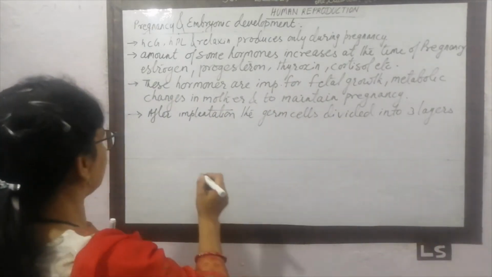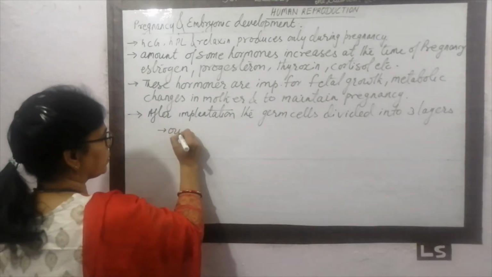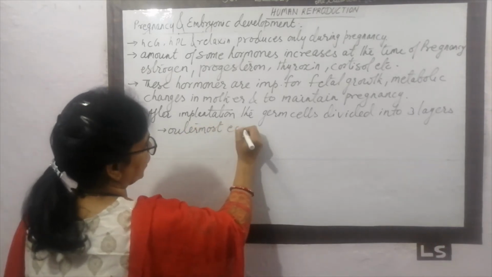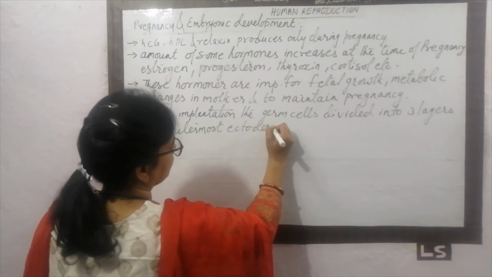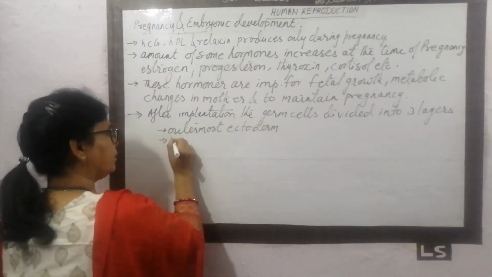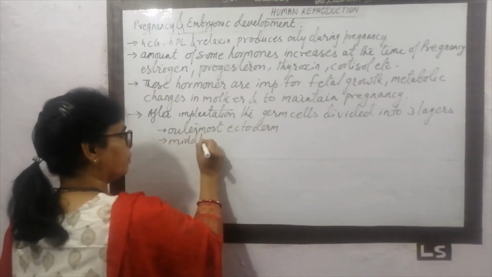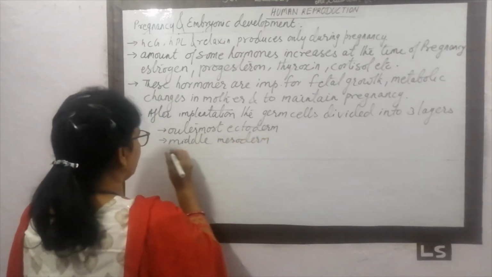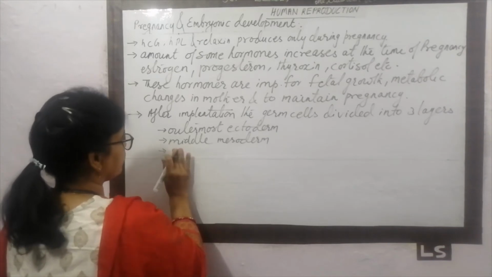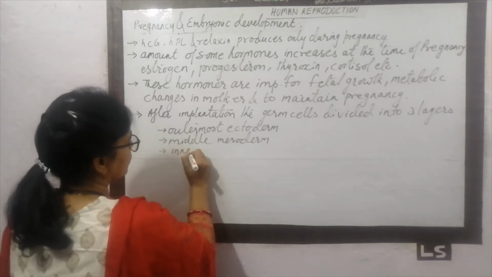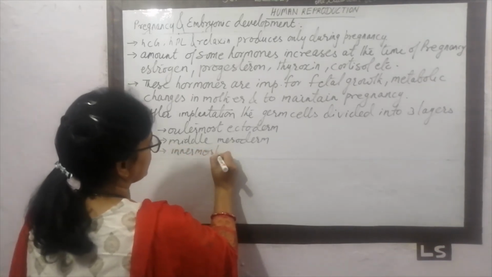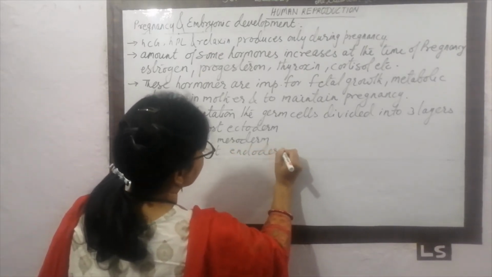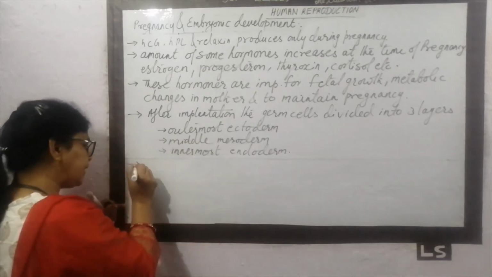Note very well: the outermost is the ectoderm, the middle is the mesoderm, and the innermost is the endoderm. And what is the importance of these three layers?